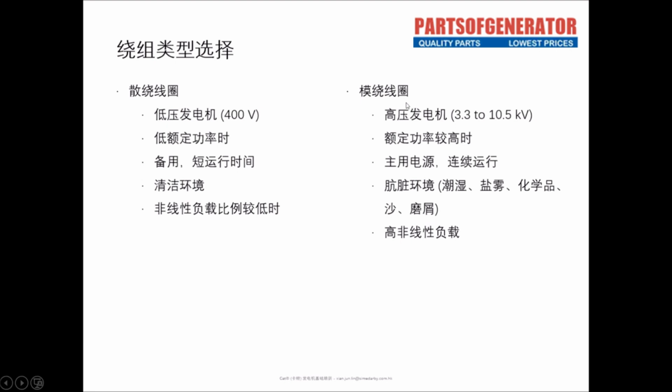In addition, there are no or very few nonlinear loads. When these conditions are met, we can choose scattered winding coils. In other cases, we must use mold wound coils.